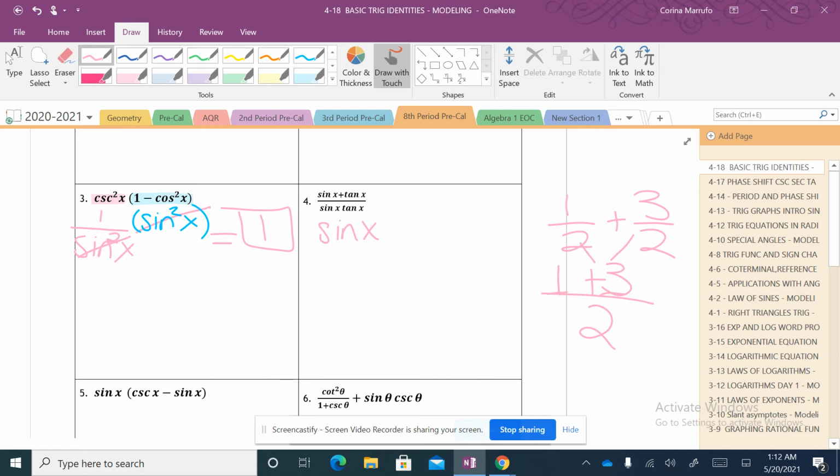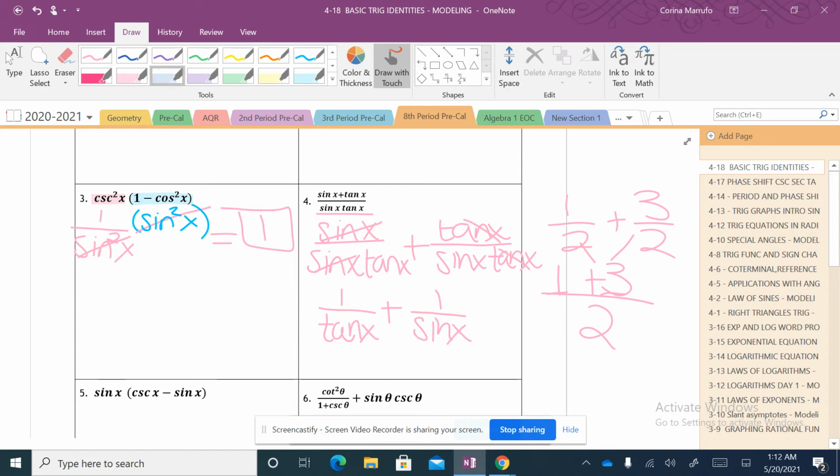So I have sine of x plus tangent of x, and my common denominator is the sine of x, tangent of x. Okay, and since I'm simplifying, since I have a sine on top and a sine on bottom, they cancel, and I'm left over with 1 on top, and on the bottom I have tangent of x plus, here the tangents cancel, and I'm left with 1 over sine of x.